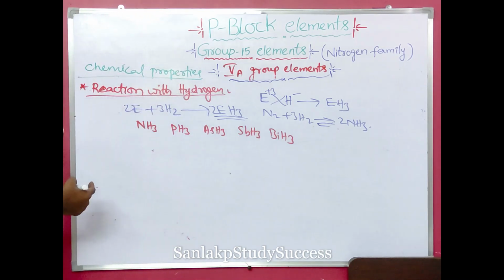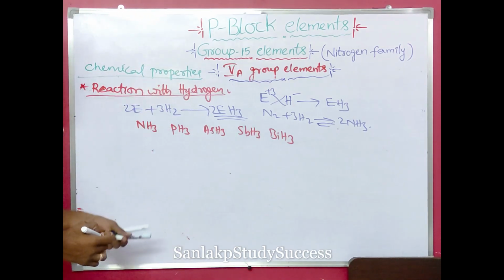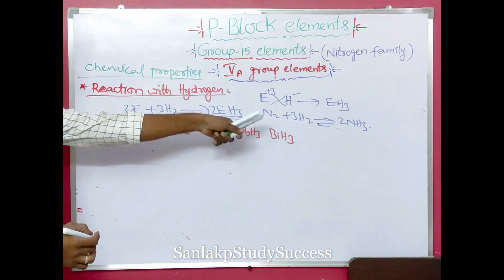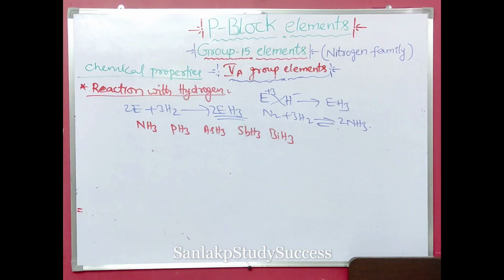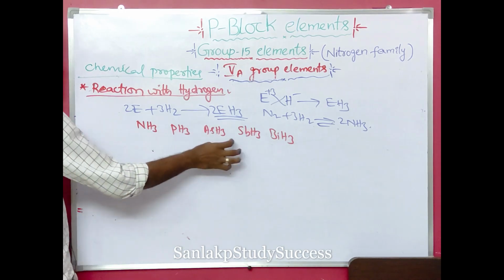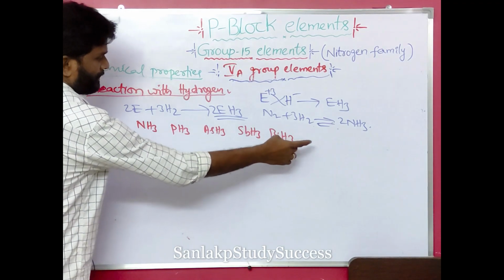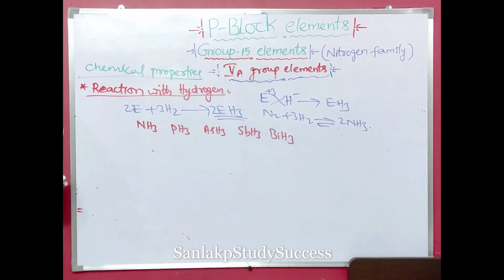So these are ammonia, phosphine, arsine, stibine, bismuthine. Now these are the hydrides. These elements can react with hydrogen to form EH3 type of hydrides.